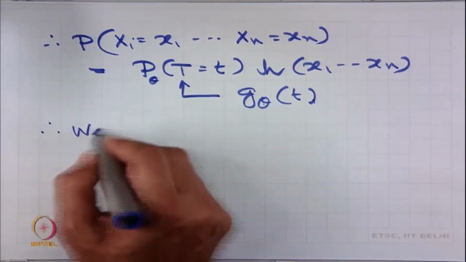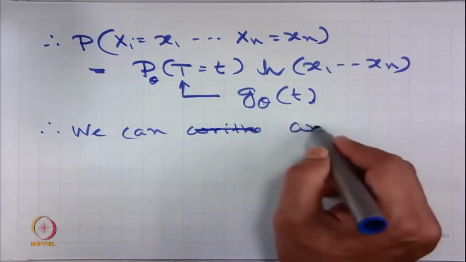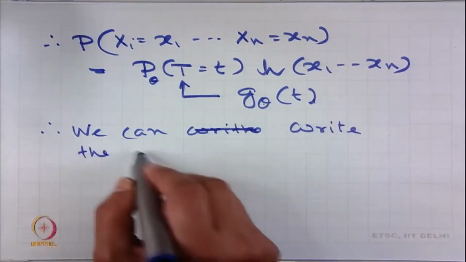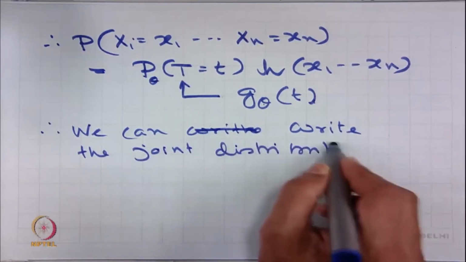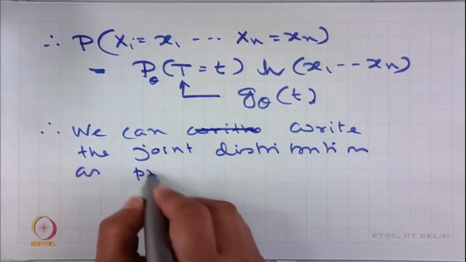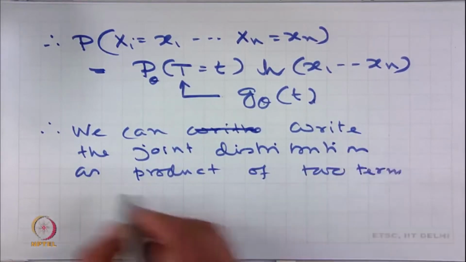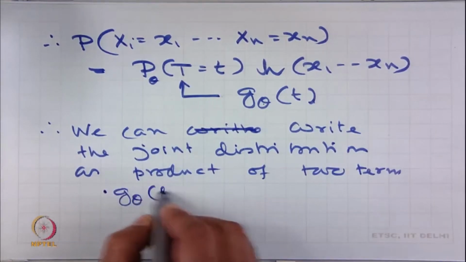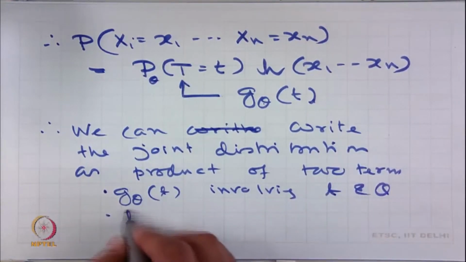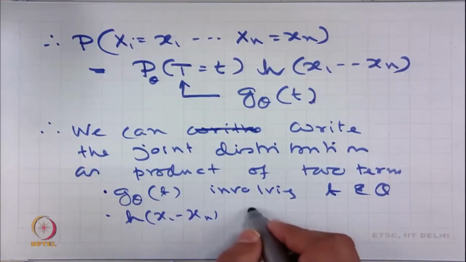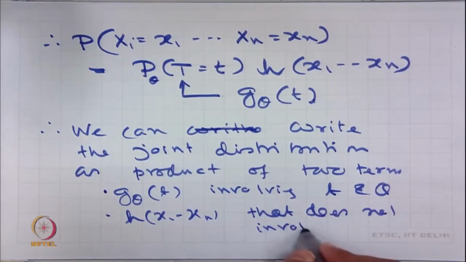Therefore, we can write the joint distribution as a product of two terms, g theta t involving t and theta, and h of x1, x2, xn that does not involve theta.